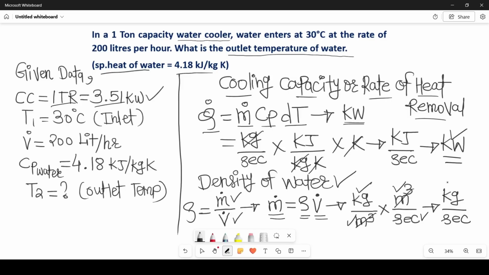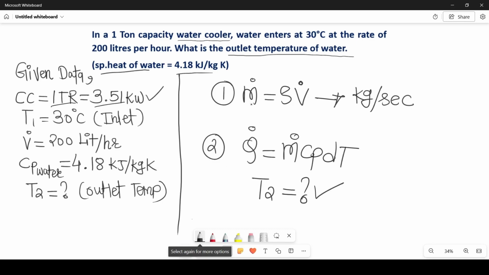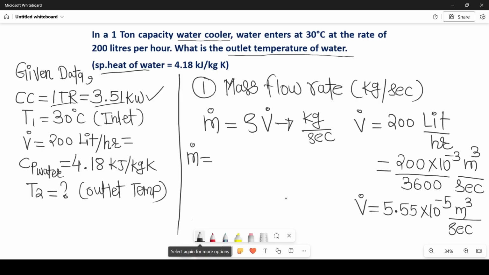I will get kg per second, which I can use in cooling capacity formula. So the first step, we are going to calculate the mass flow rate of the water in kg per second, and then we are going to use the cooling capacity formula in order to calculate the outlet temperature of the water.